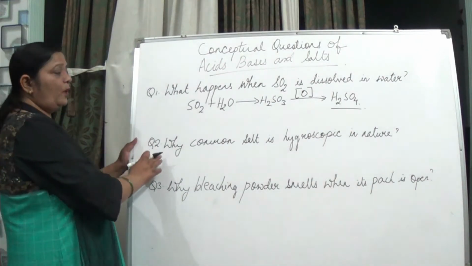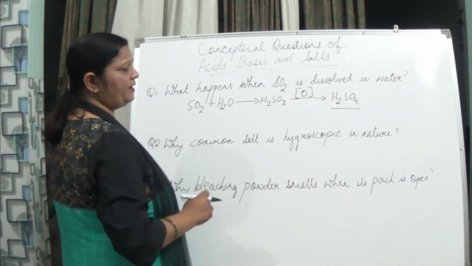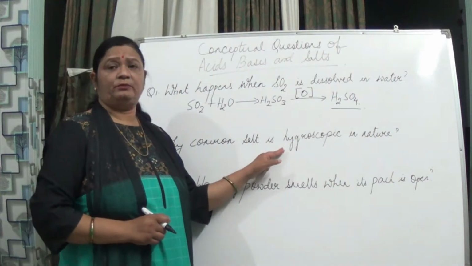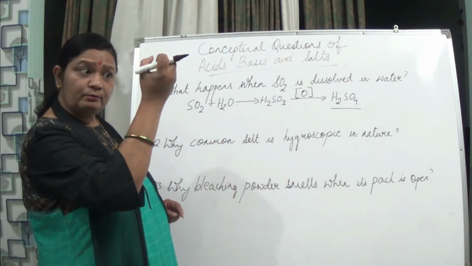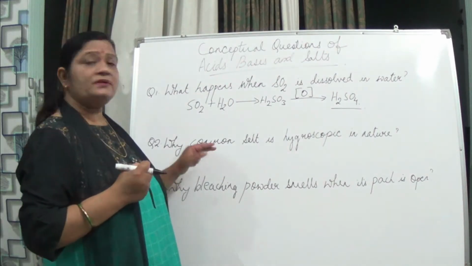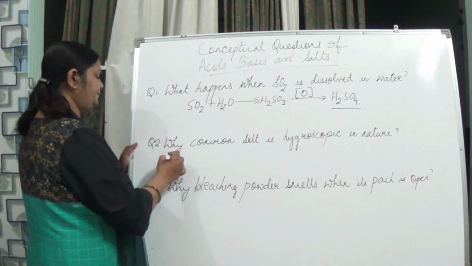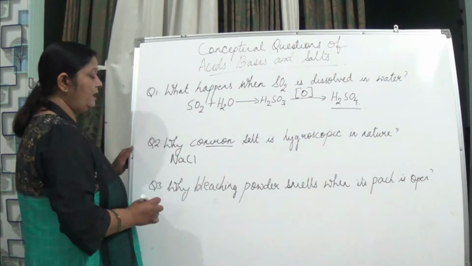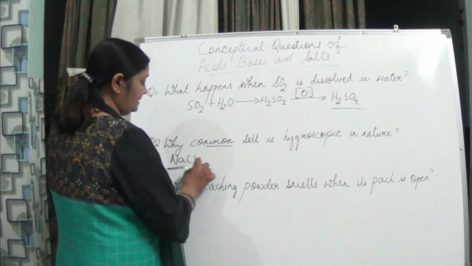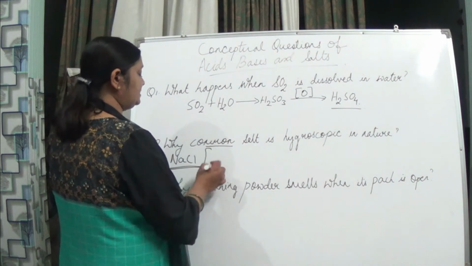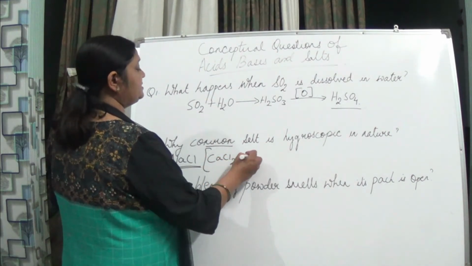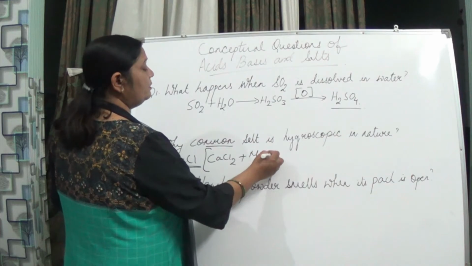Next, why is common salt hygroscopic in nature? What do you mean by hygroscopic first? Hygroscopic means absorbing moisture from the atmosphere. Common salt is NaCl. NaCl is the main constituent, but it also contains calcium chloride as well as magnesium chloride.